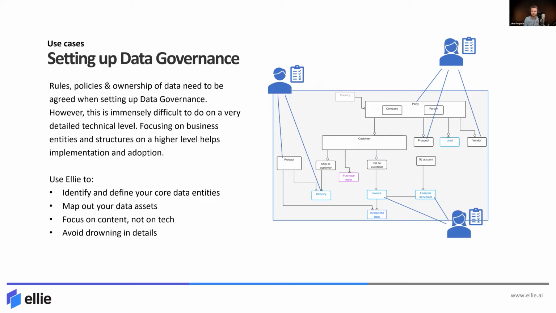Another interesting use case, which has somewhat to do with our example today, is data governance. The technically driven data governance initiative usually focuses on gathering technical metadata: what are your systems, your databases, your tables, and so on, and then trying to apply rules and policies and ownership on top of that.